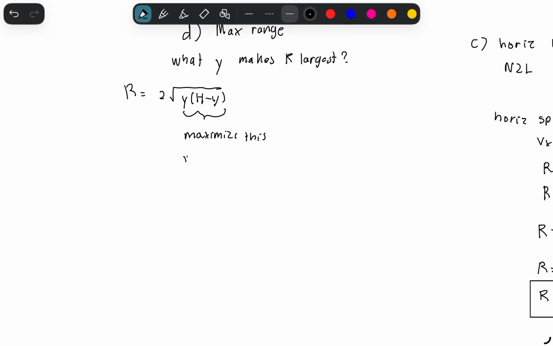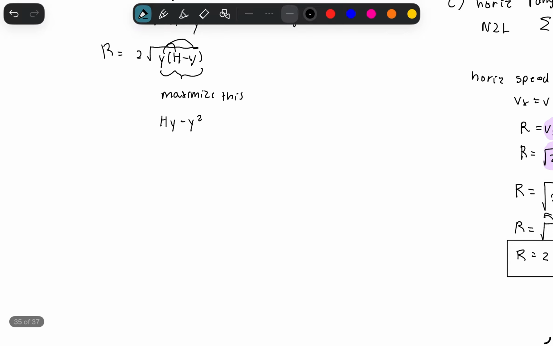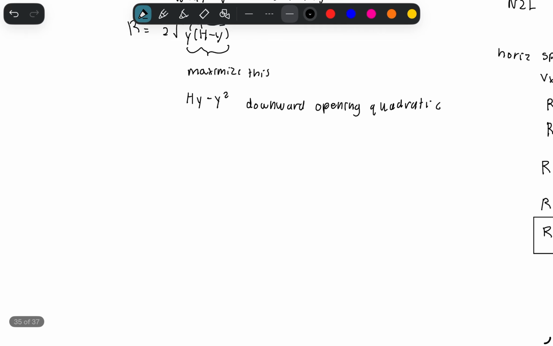So this is the same thing as if you distribute. What this equation is, it's a downward-opening quadratic. We're just going to say that y is the variable; we can treat it like an x, but it's going to open downwards because you have that negative sign.